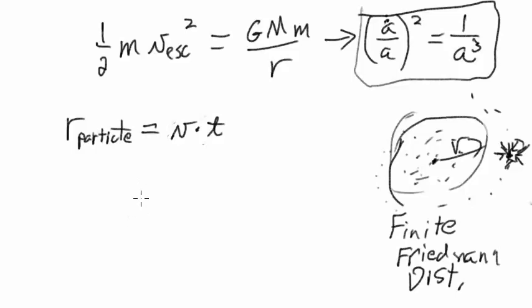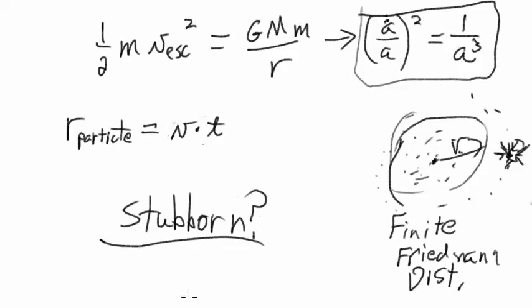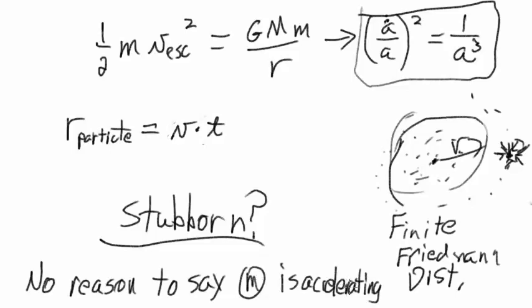Now, you might call me stubborn, and am I just being stubborn and saying, no, I do not accept that? Yeah, perhaps I am. I'm just putting my foot down and saying there's no reason to say m is accelerating in an infinite homogeneous distribution.